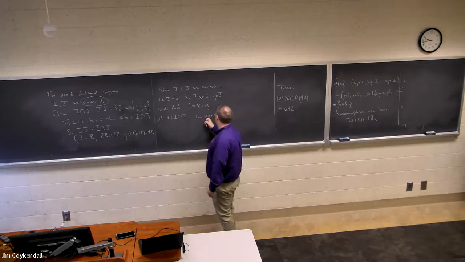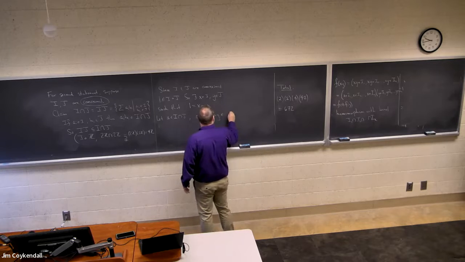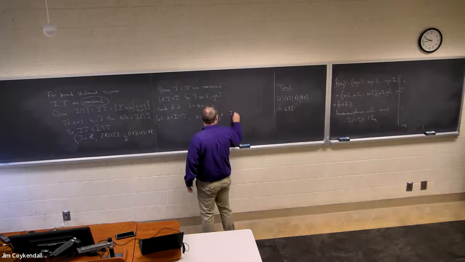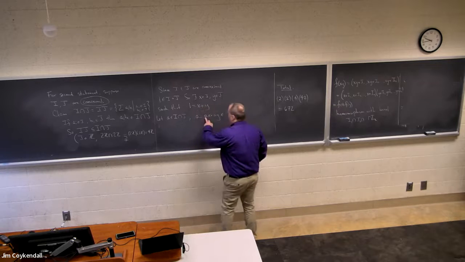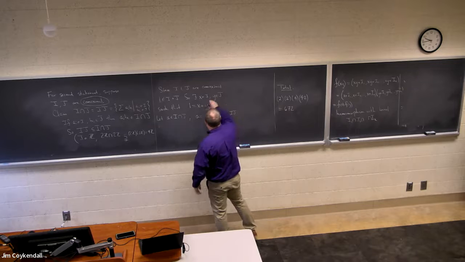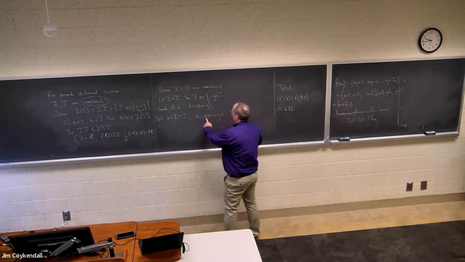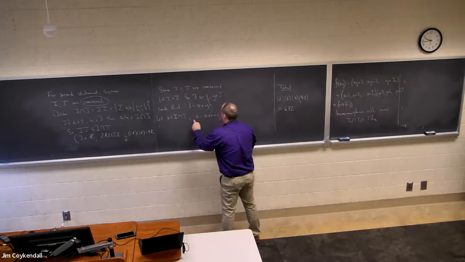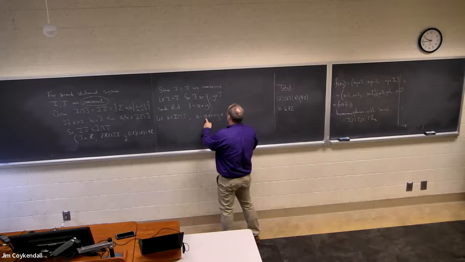Now, x is in I, and a is in J, because a is in both I and J. So this thing is in IJ.